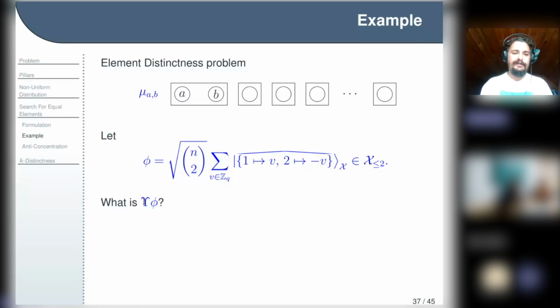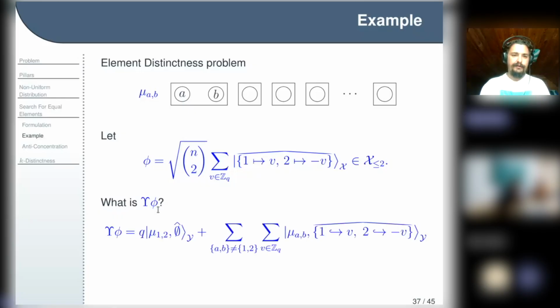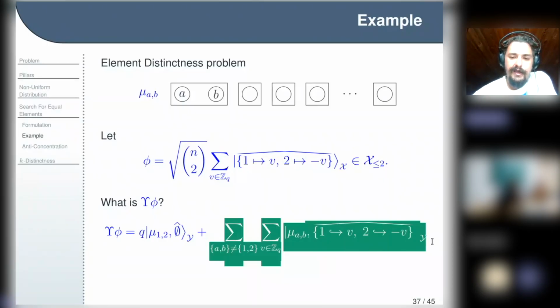Now I am applying this transfer operator epsilon phi, and it looks like this. Let me go to the second term first.